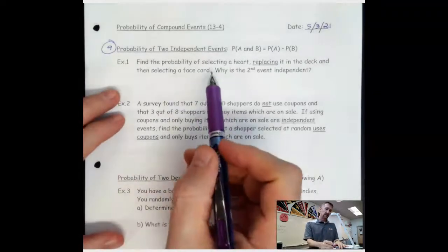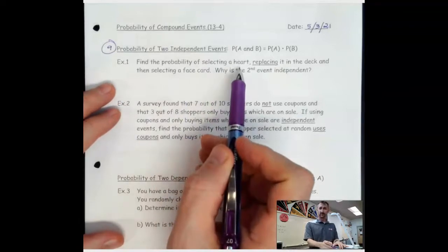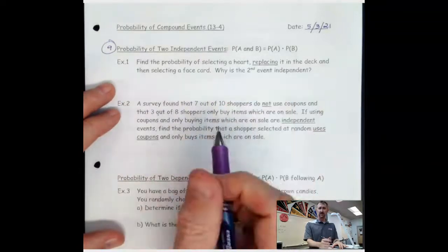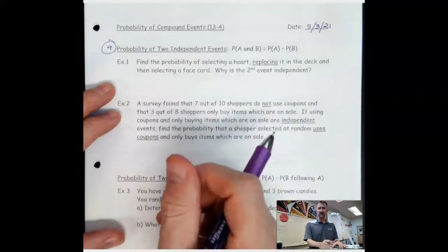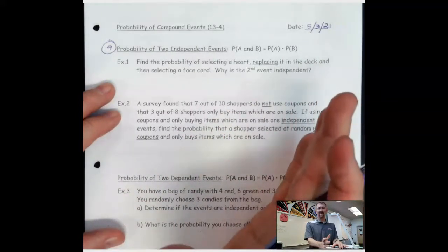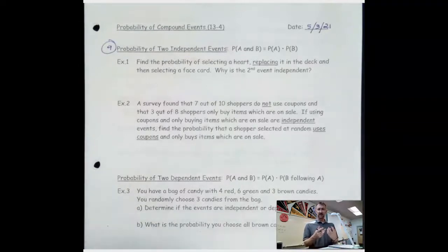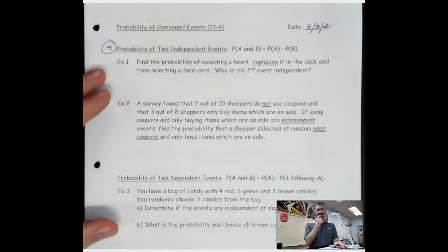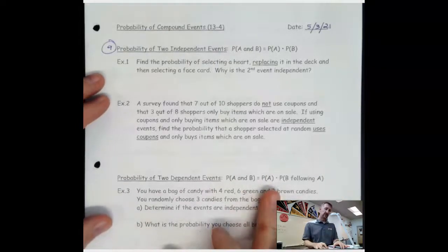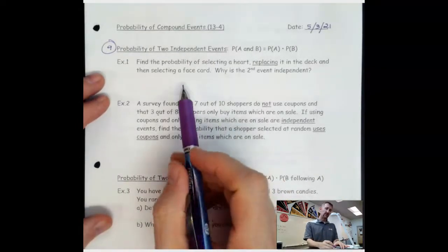Okay, so a heart. Hopefully, in the other notes we talked about the cards that are in a deck. It's not about knowing how to play any card games or anything like that. Because there's a lot of different things in a deck of cards, we can use that as an example of how we calculate probability.